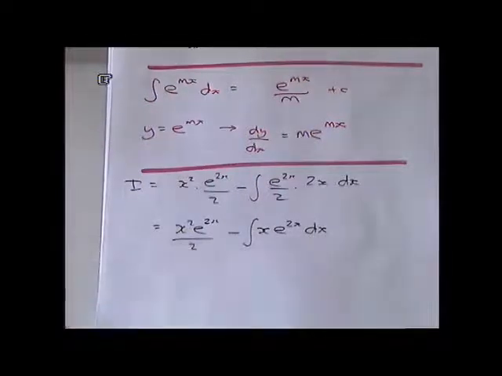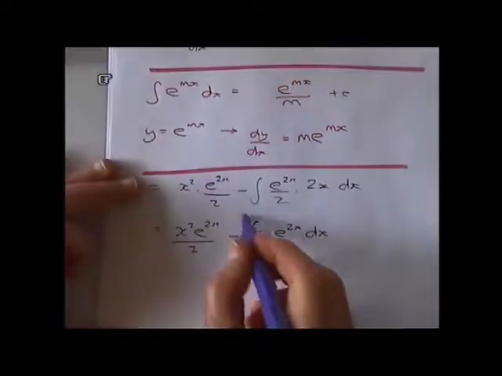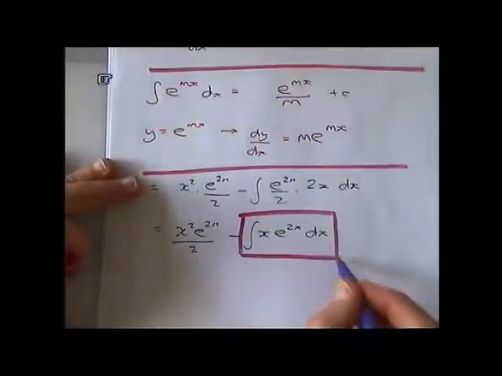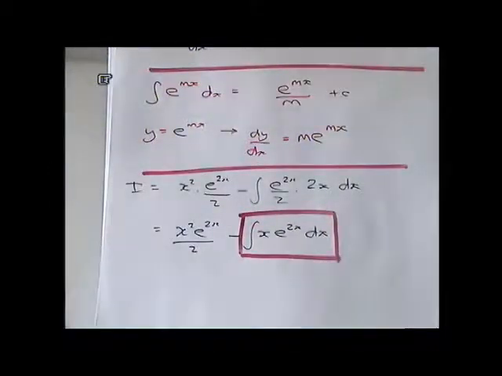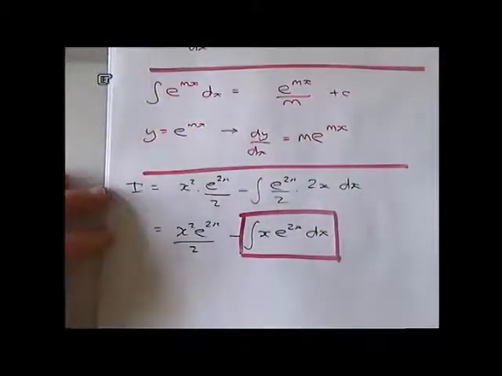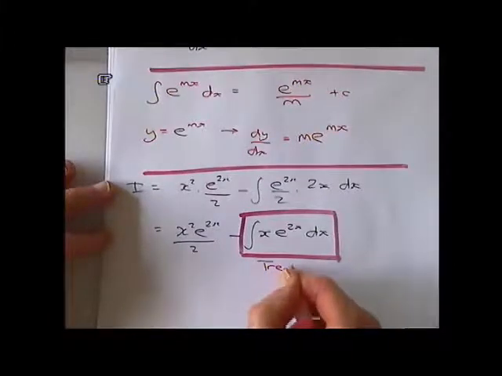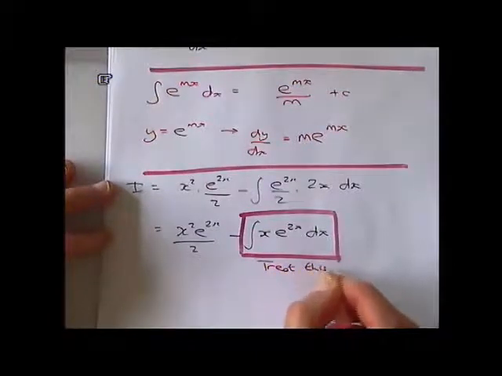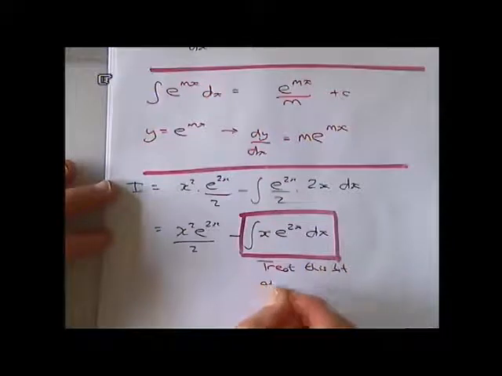But what I actually now need to do on this bit here, we need to treat this bit as a question on its own. Okay? So treat this bit as a new question.